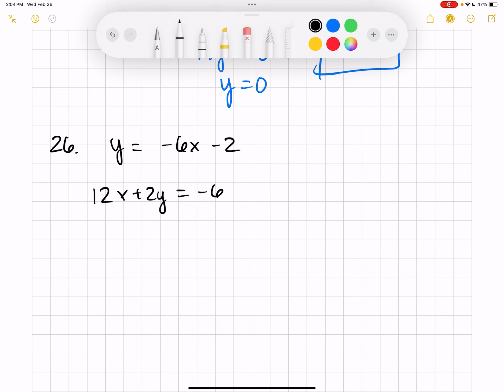It's either none, one, or infinitely many. Subtract 12x, so 2y equals negative 12x minus 6. You said not to do the math though. I said without solving. I didn't say don't do the math. I said don't solve.